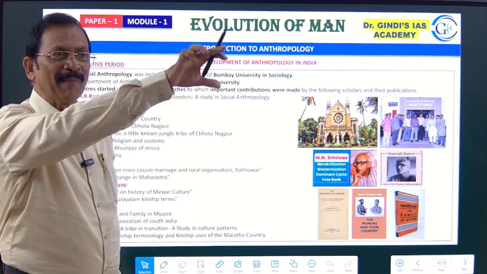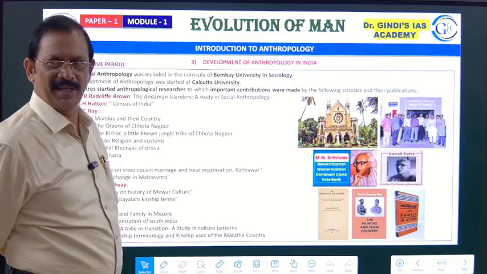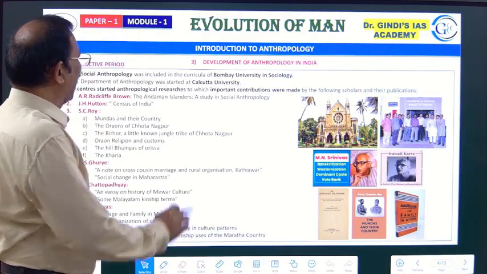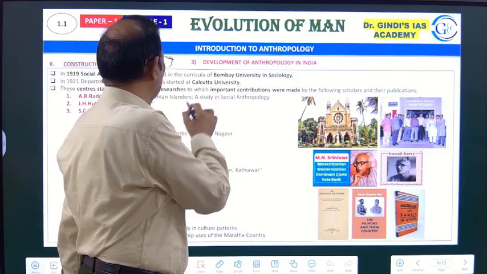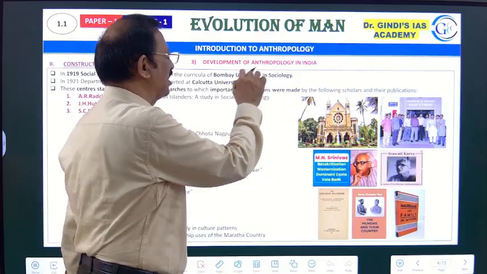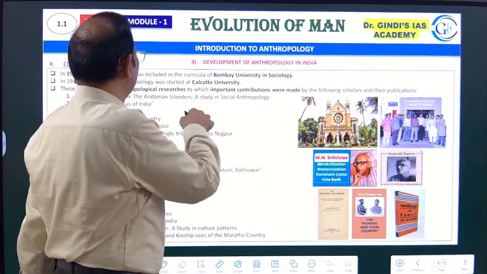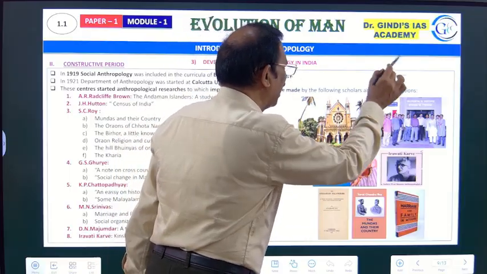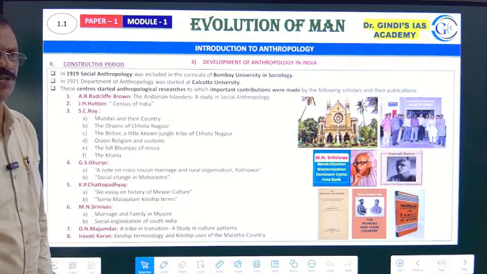It was a real milestone for the development of anthropology. Then these centers started anthropology research, Calcutta University and also the Sociology Department of Bombay University. So these centers started researches to which important contributions were made by the following scholars and publications.